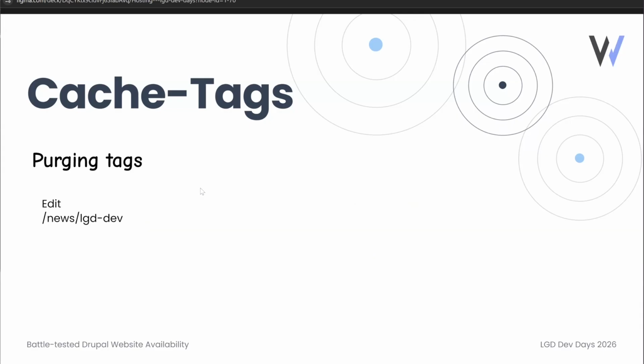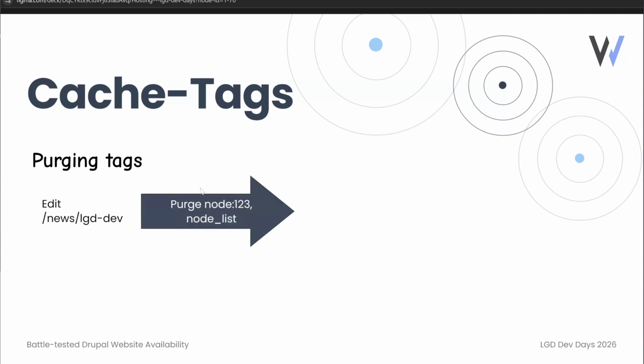So with cache tags, every single piece of content that gets rendered within Drupal will have a manifest, a list of all the composite pieces of content.